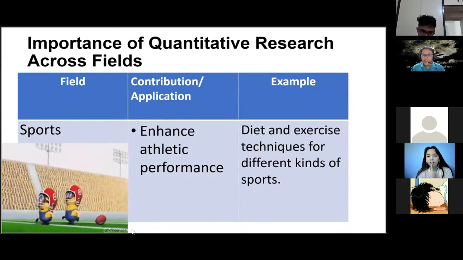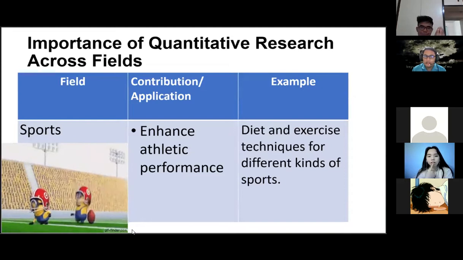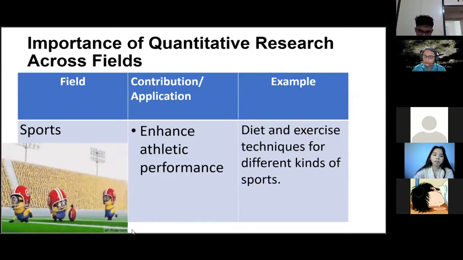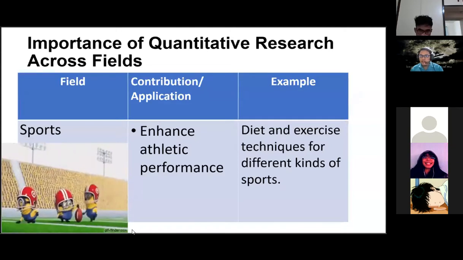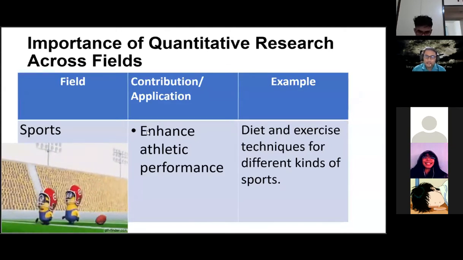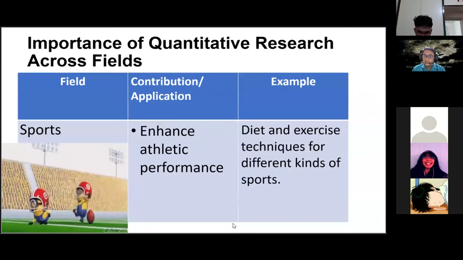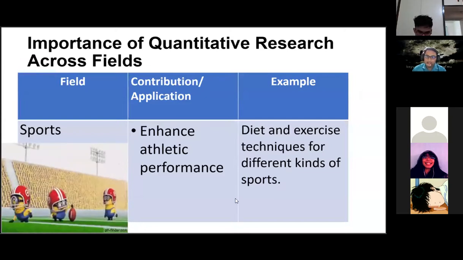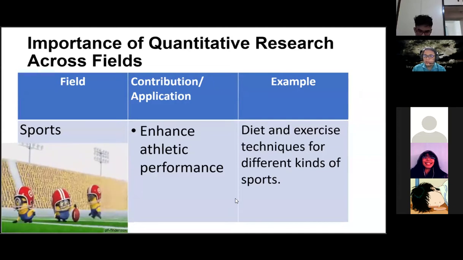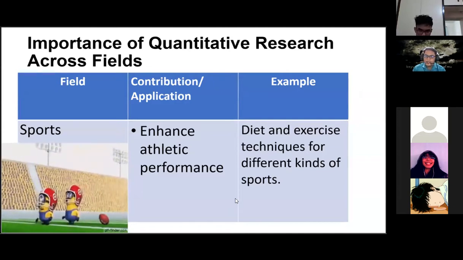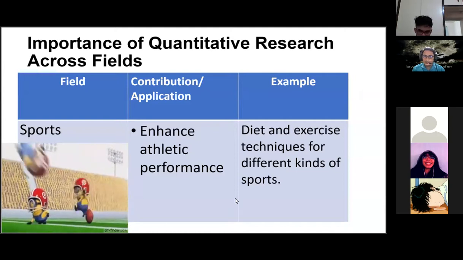Next is importance of quantitative research in the field of sports. Okay, so sa sports din nakakatulong ang ating research. Okay, so ano yung contribution niya? It enhances athletic performance. Example is the diet and exercise techniques for different kinds of sports.